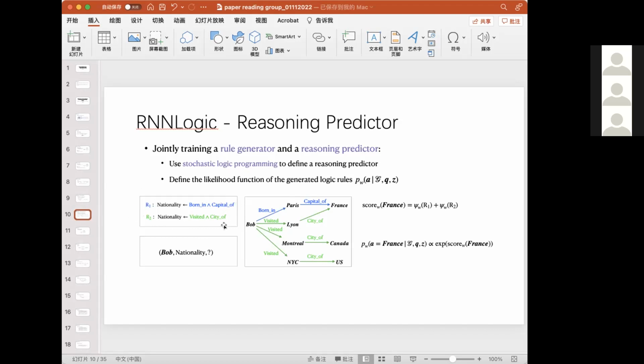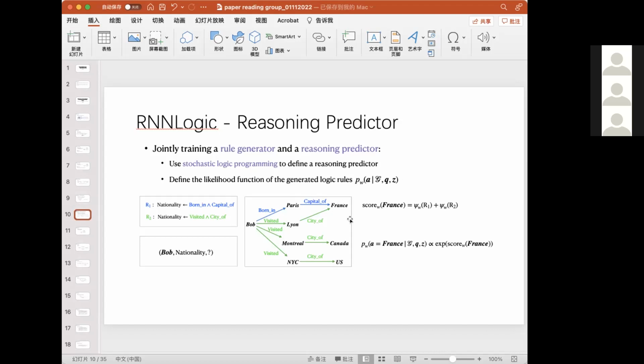And then by plugging this logical rule back into the knowledge graph and grounding based on the query entity, we can calculate the score of the candidate answer by adding the confidence scores of the rules together. So how is the confidence score established?